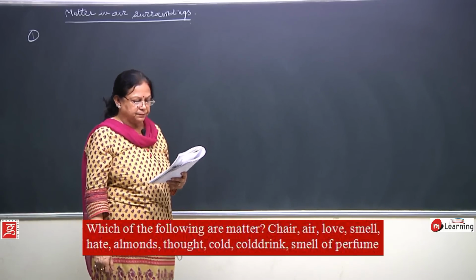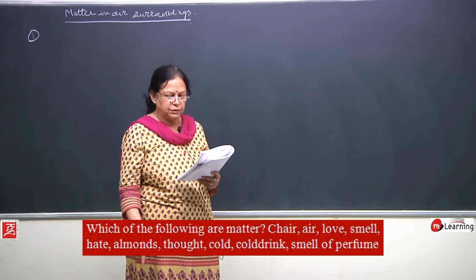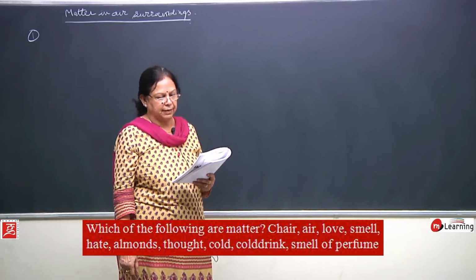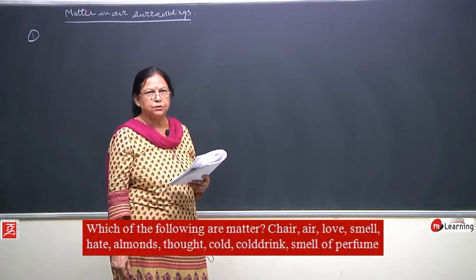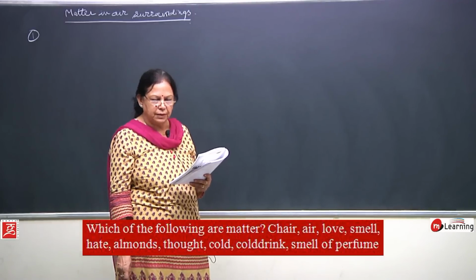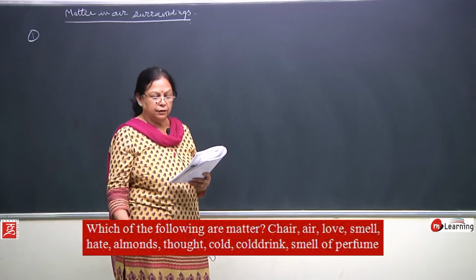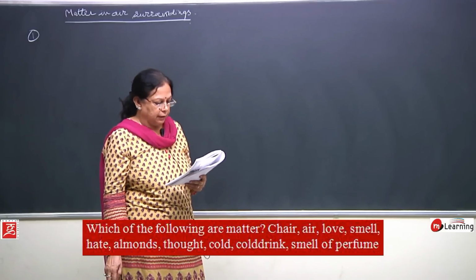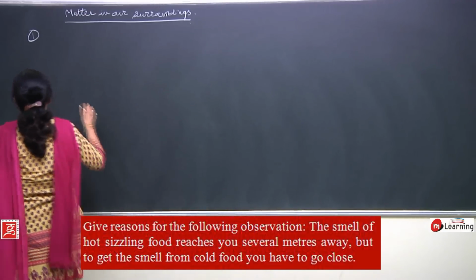So out of these we can say that chair, smell, almonds, cold drink, all these are matter. The rest are only feelings, do not have any mass, do not occupy any space, so they are not matter, right.